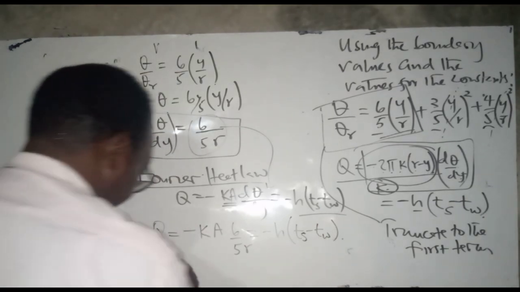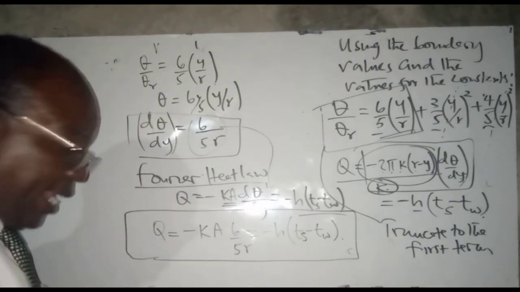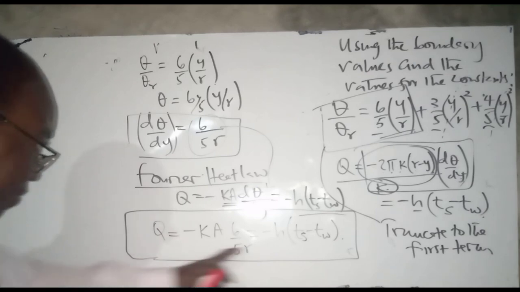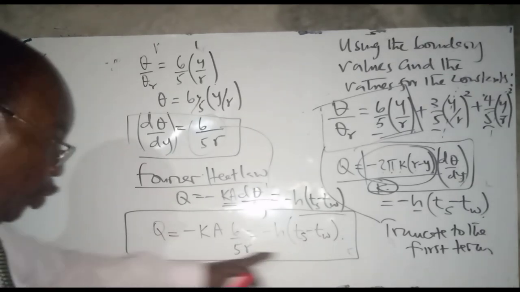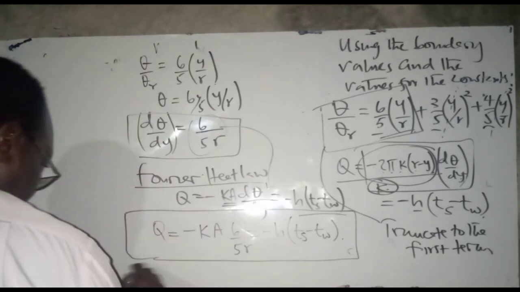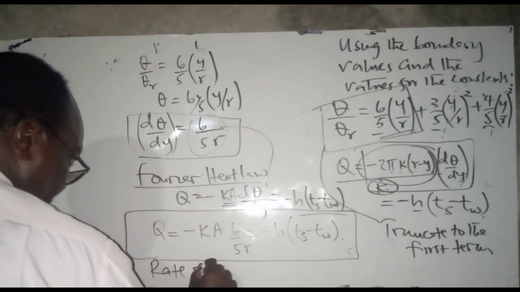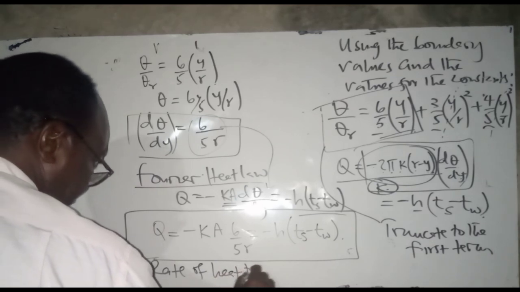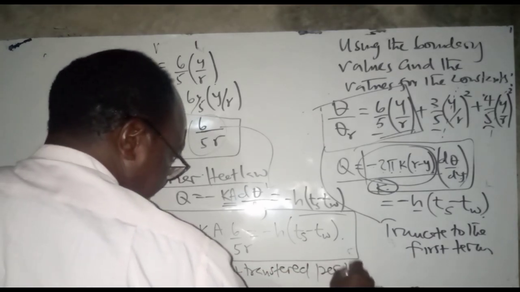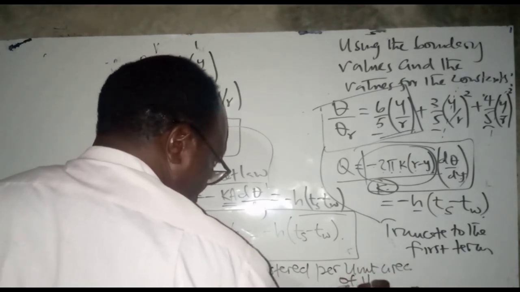So basically, this equation here will give you the rate of heat transfer per unit area of the wall.